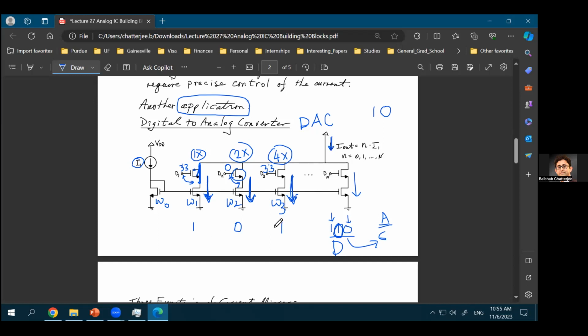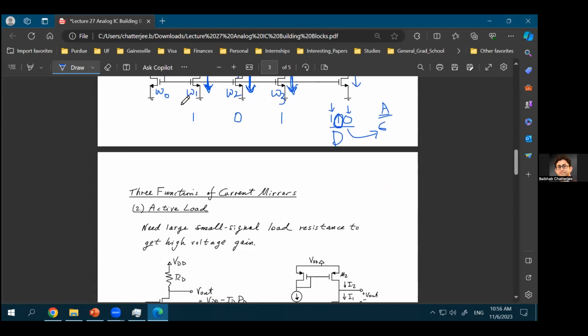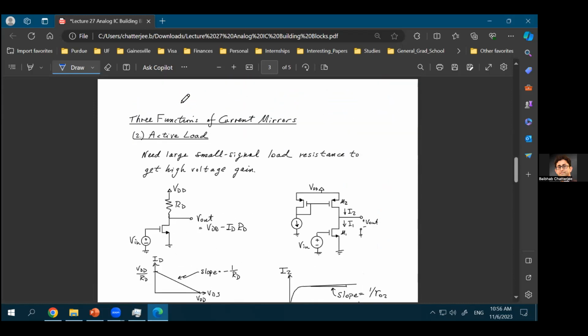And again, 101 represents 5, right? If you are converting this digital data to analog information, or if you're just converting 101 to the equivalent integer, it's 5. So as you see, this current mirror can be used in the digital to analog converter. Okay, so that's one application of it. Question?